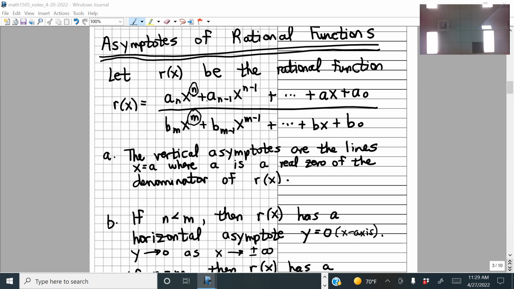Remember, how do you find the x-intercepts of a rational function? You set the numerator to 0. So the zeros of the numerator will be the zeros of the rational function as well. The x-intercepts of the numerator will also be the x-intercepts of the rational function. But that has nothing to do with asymptotes.